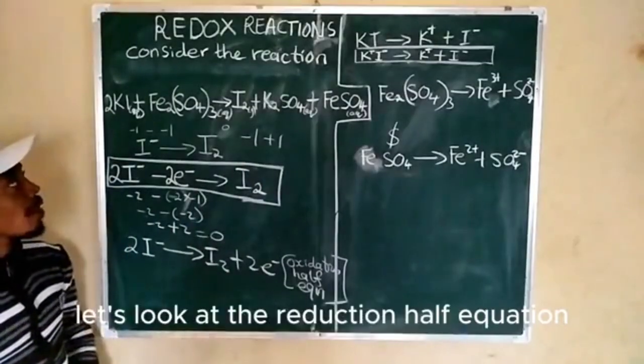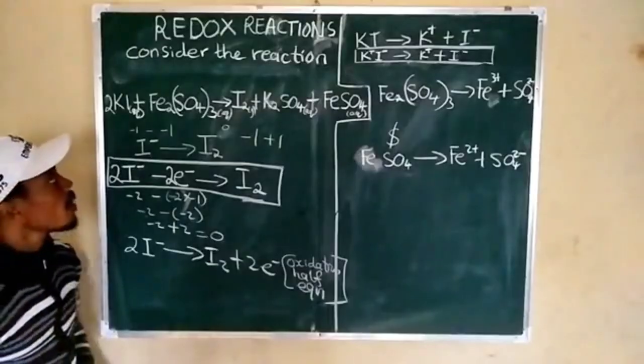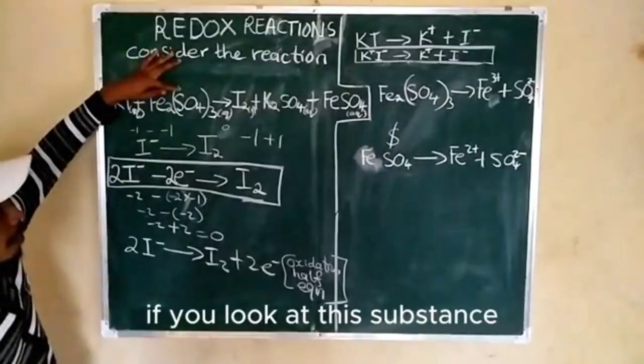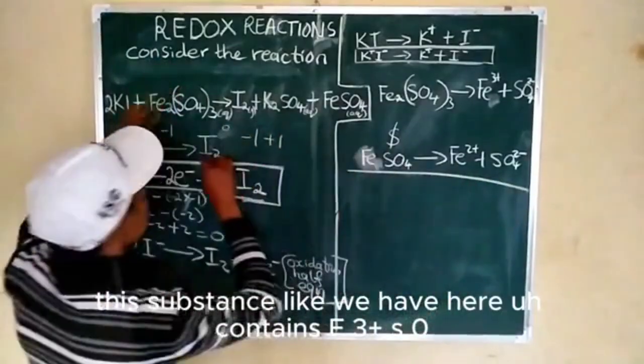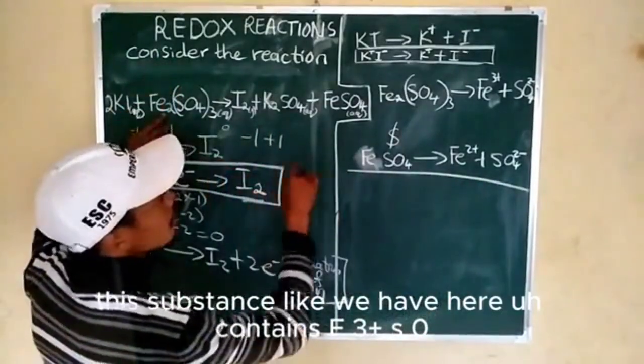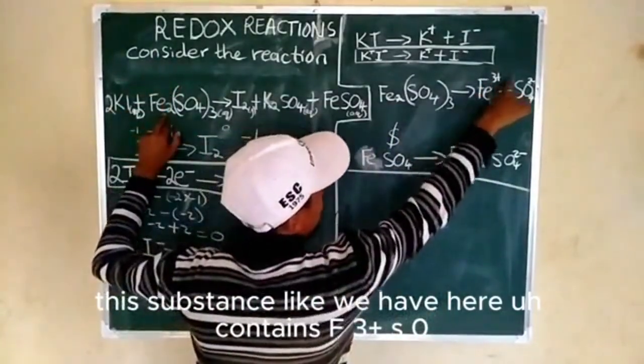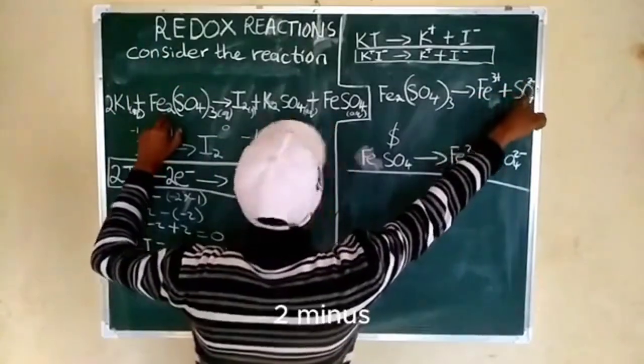Let's look at the reduction half equation. If we look at this substance, like we have here, it contains Fe3 plus and SO4 2 minus.